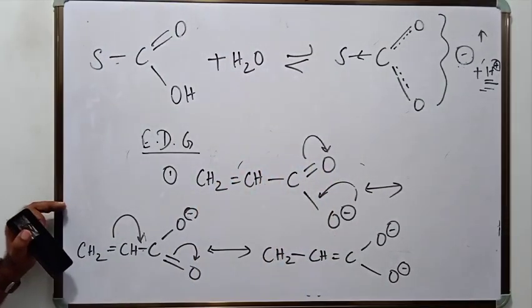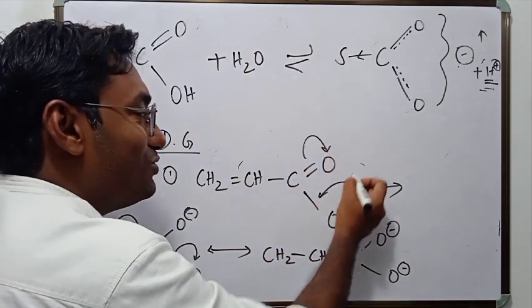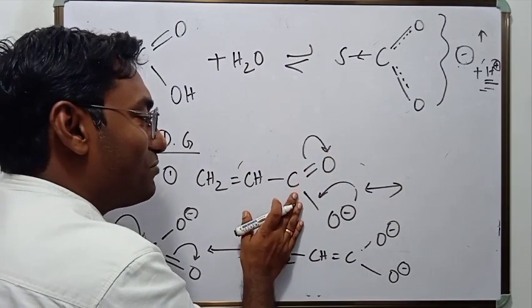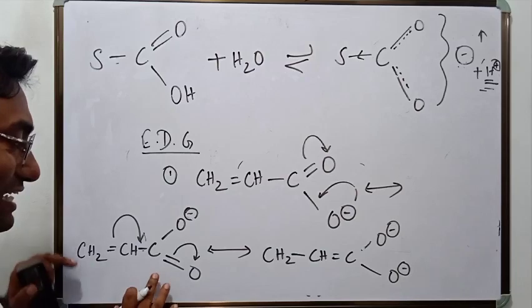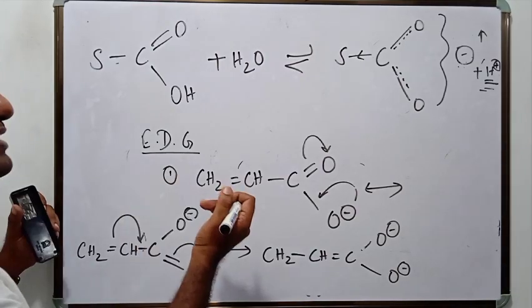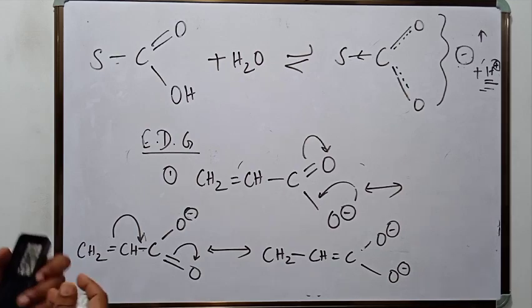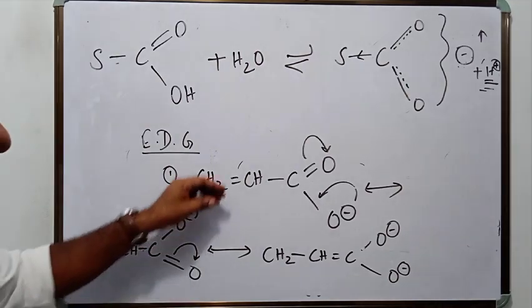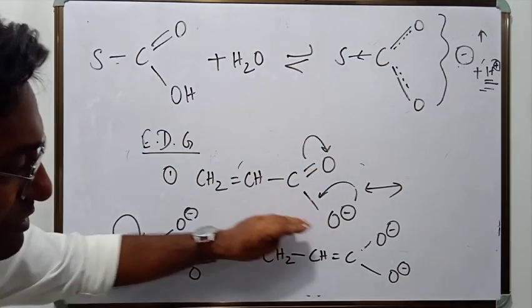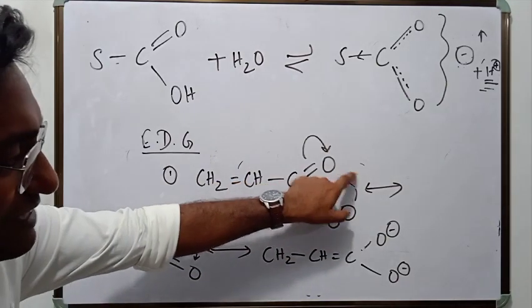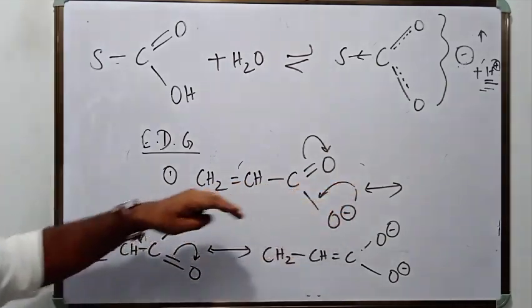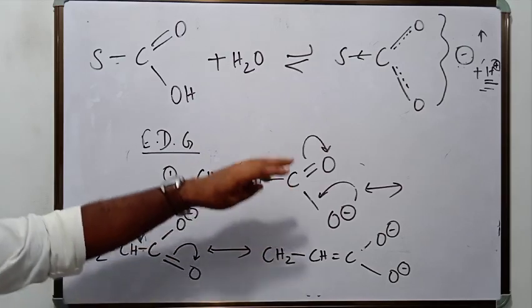The inductive effect should decrease the stability of the carboxylate salt. The resonating effect increases the stability of the carboxylate salt. Both are in competition. The inductive effect is trying to decrease the stability by increasing the negative charge here, and the resonating effect is trying to increase the stability.